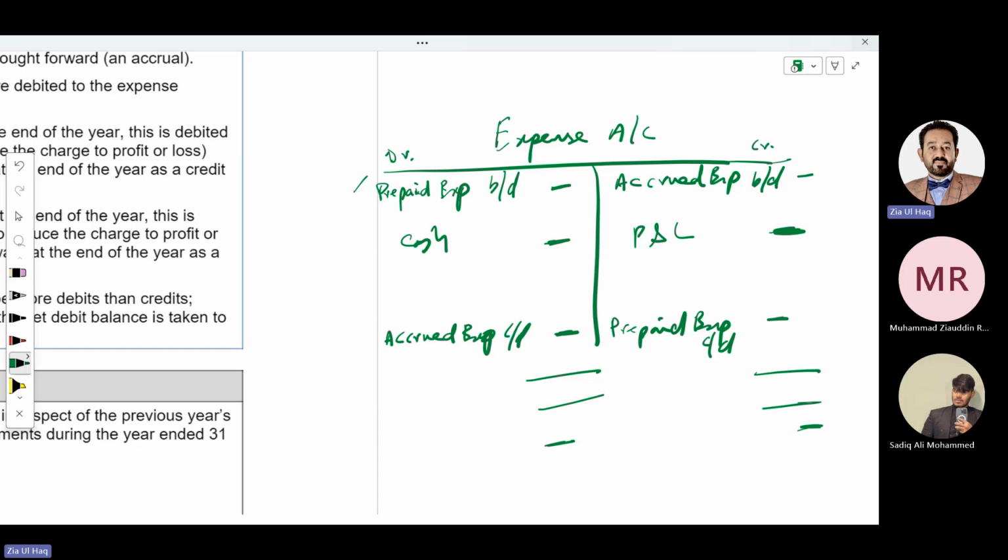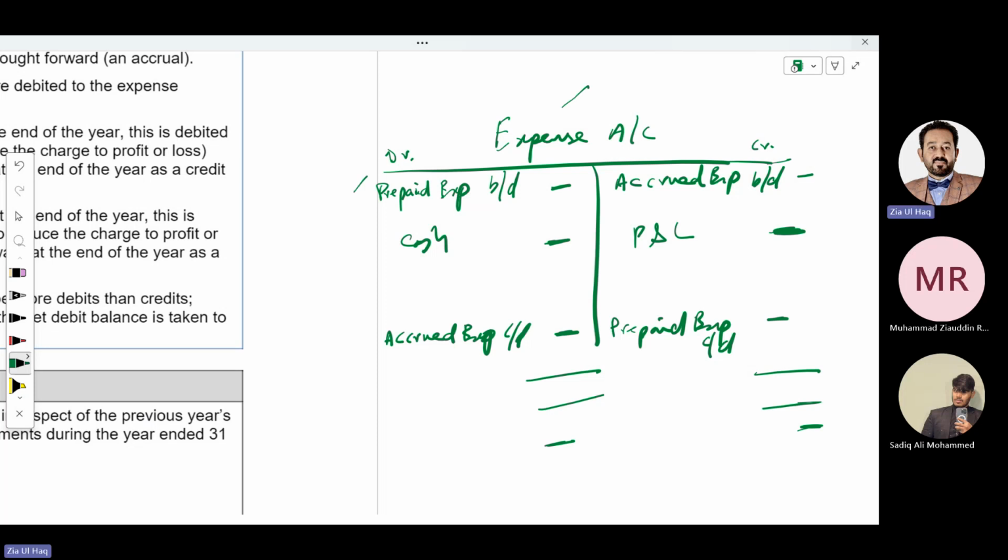So this is the expense account. Prepaid expense opening balance will be on the debit side, closing balance will be on the credit side. Accrued expense opening balance will be on the credit side, closing balance will be on the debit side. Cash will be recorded on the expense account debit side because cash credit, expense debit. So this ledger is a debit against cash.